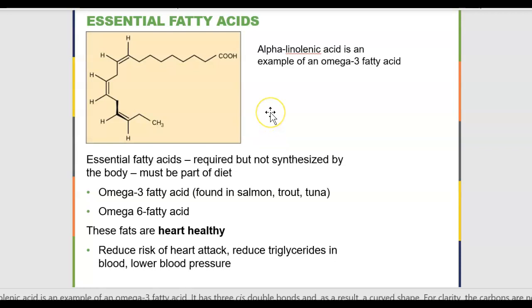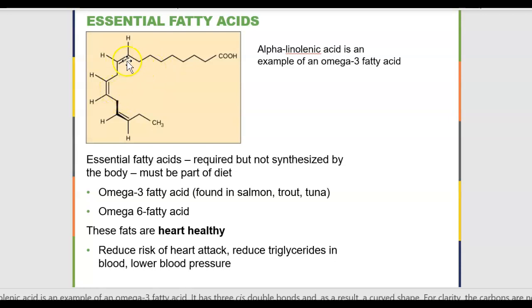Some fatty acids are really good for us. Essentially, we want them in our diets. They're called essential fatty acids. On this one, look at this line structure, so don't get thrown off. We could draw every single one of the carbons on here and the double bonds and what that looks like.